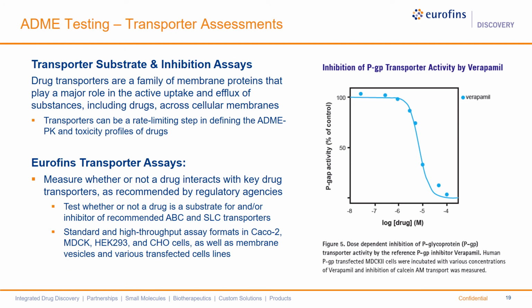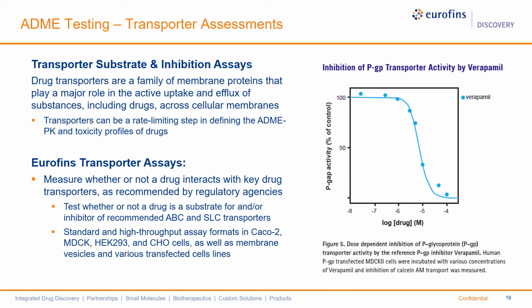We can also look at transporter assessments. So a drug's ability to get into a cell or to be shunted back out of a cell is a consequence of its ability to act as a substrate for a variety of transporters. Now, again, in the same way that we looked at CYP activity, both from the perspective of being a substrate, but also inhibiting those CYP enzymes, we can do the same thing with transporter assays.